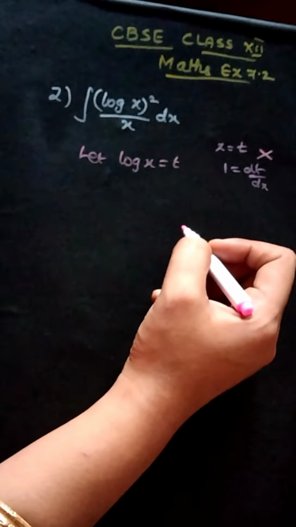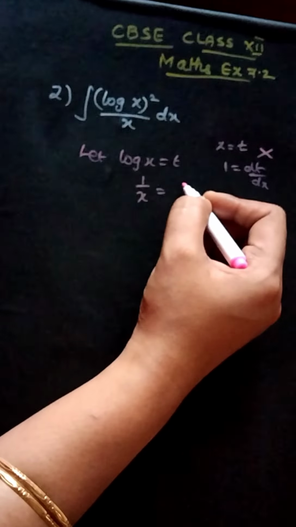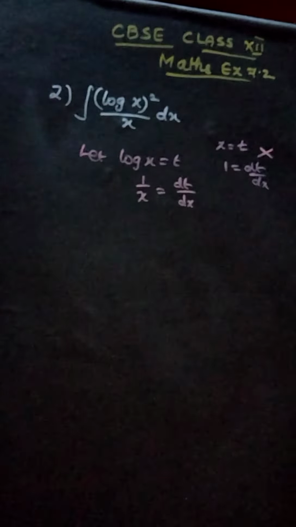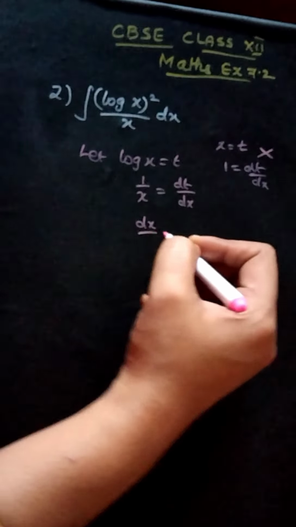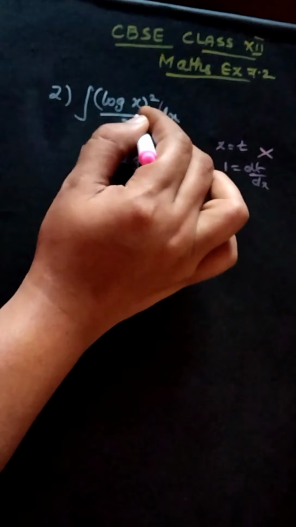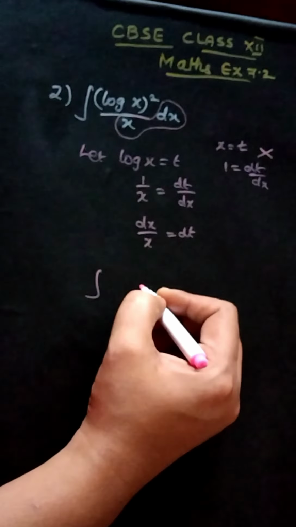When you differentiate with respect to x on both sides, log x derivative is 1 by x and t derivative is dt by dx. As usual, express x terms to one side and t terms to one side. When we cross multiply, we get dx by x. In place of dx by x, we are going to substitute dt.